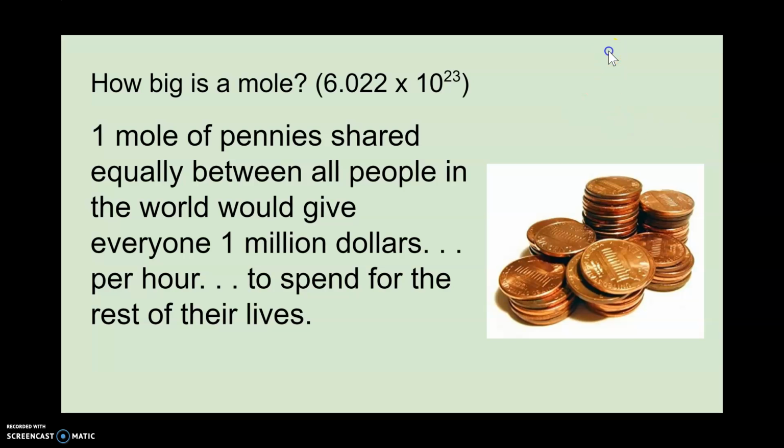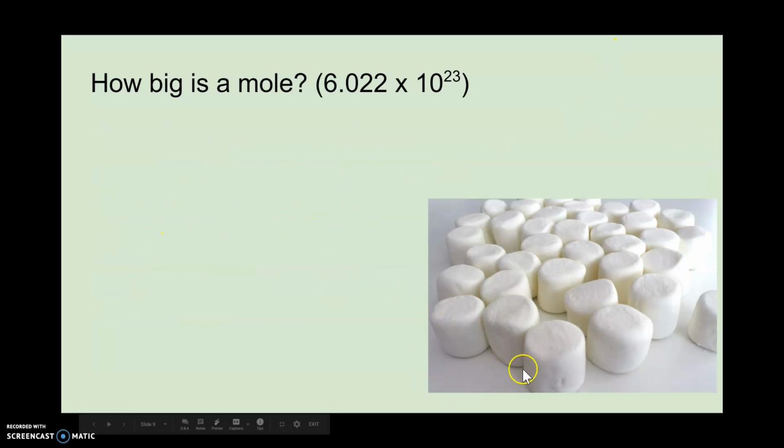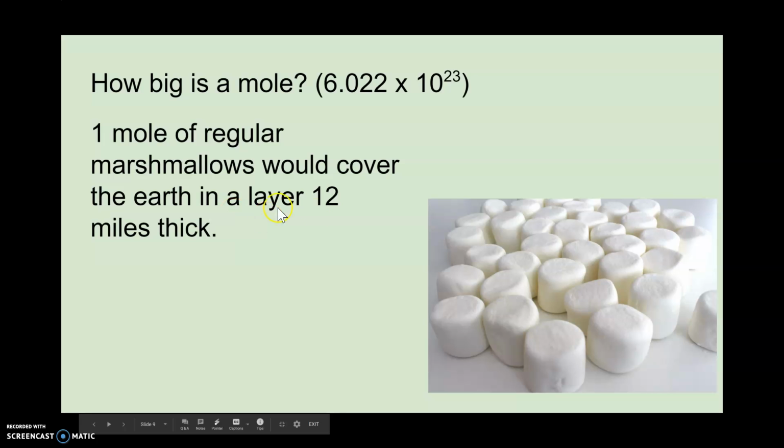Crazy. Okay. If we have some marshmallows, so these are just our normal average size marshmallows. 1 mole of regular marshmallows would cover the earth in a layer 12 miles thick. Okay, 12 miles. Think about 1 mile. Okay, 1 mile is 5,380 feet, I believe. Imagine 12 of those covered.